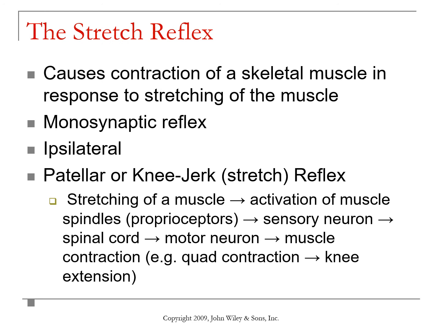It sends signals along sensory neurons into the spinal cord, where the sensory neuron synapses directly with a motor neuron in the anterior horn. And then that motor neuron sends a signal out to the quadriceps muscle group itself, causing contraction of the quads, leading to knee extension.